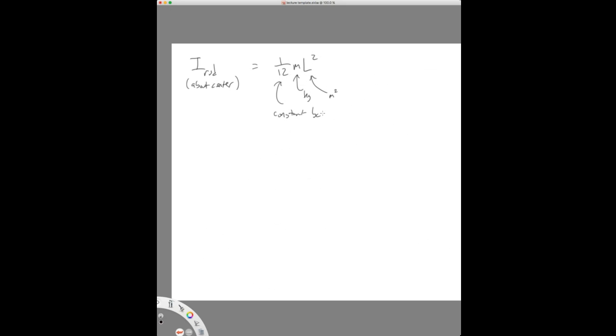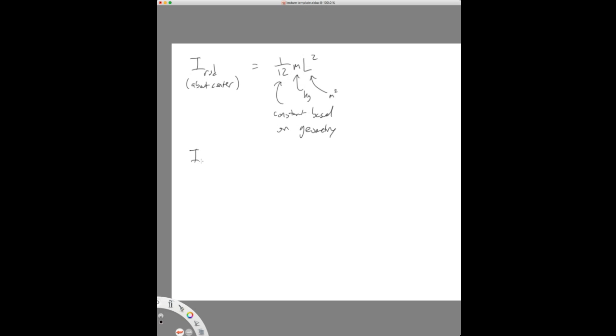a constant based on the geometry. That is how it's shaped, how far away the masses, the individual molecules, are from the axis of rotation and so forth.